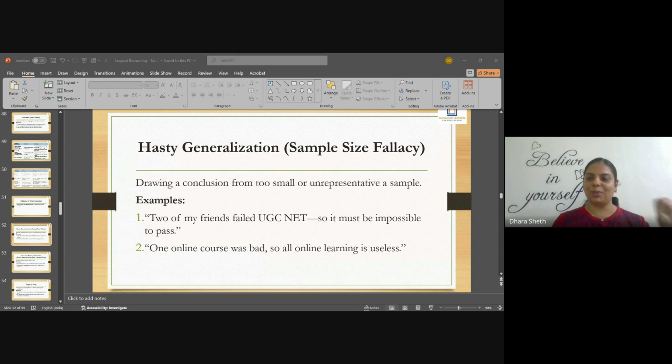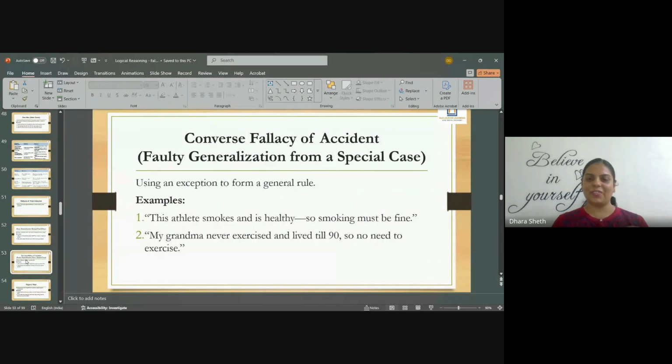Not all of us put sugar and jaggery in everything. That is also a sample size fallacy, but because you had once a sweet dal, you cannot reach that conclusion. When you start having it umpteen number of times, only then you can reach that conclusion, which might be true, but just an example. Converse fallacy of accident.